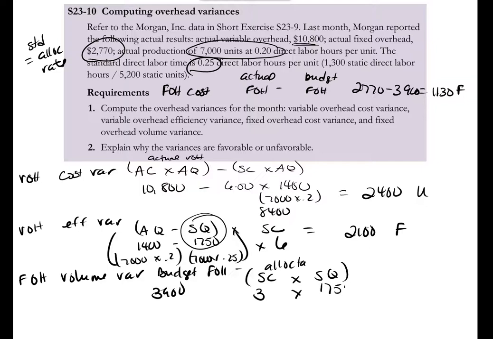So that's 1,750, which is 7,000 units, and the standard is 0.25 per unit. So 3,900 minus, this comes out to 5,250 is what I allocated, and so the difference is 1,350, and I think that comes out as favorable, but the budgeted minus the allocated, I allocated more to the jobs than I budgeted, so I would have had that covered. It doesn't necessarily mean that's good. That means you added more into your jobs than you probably should have.